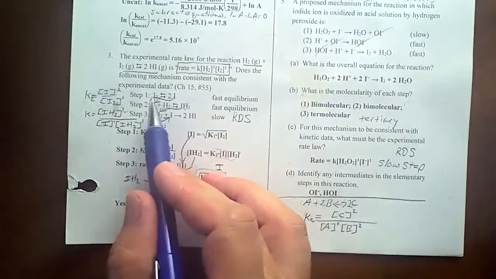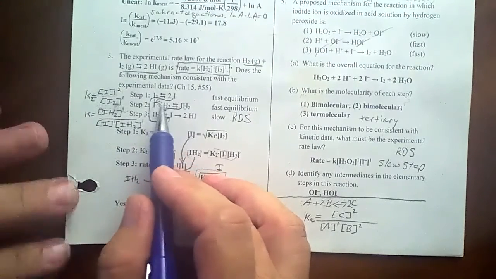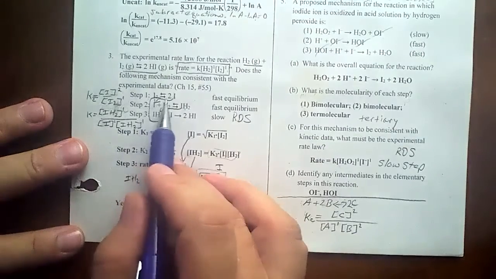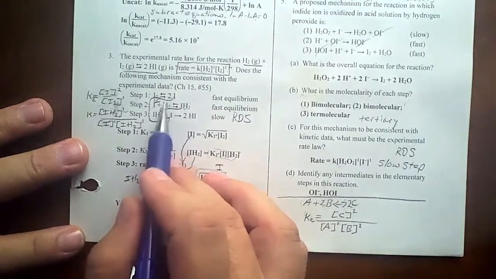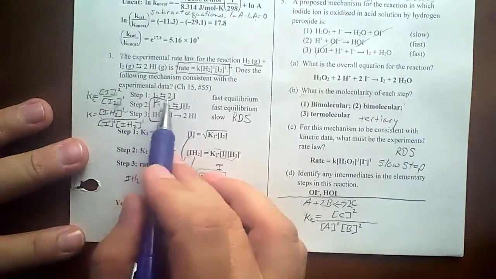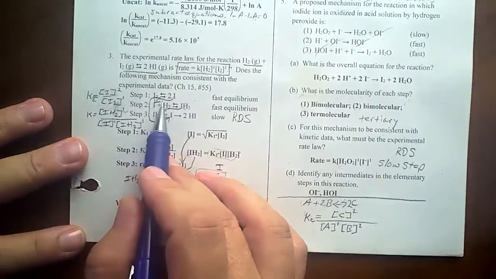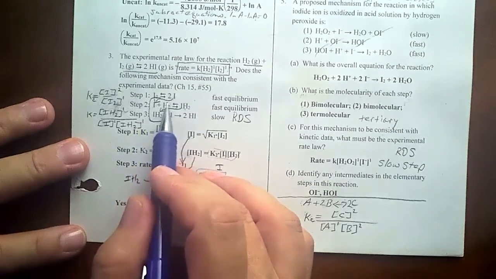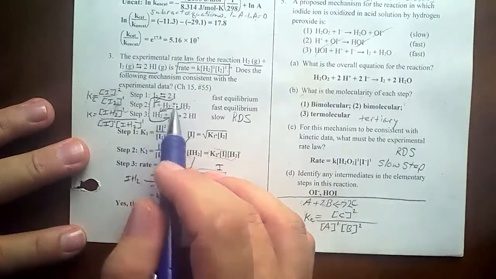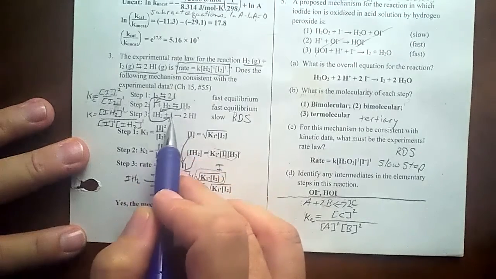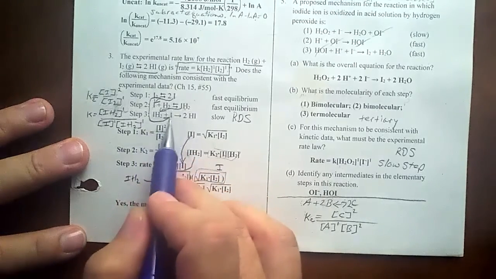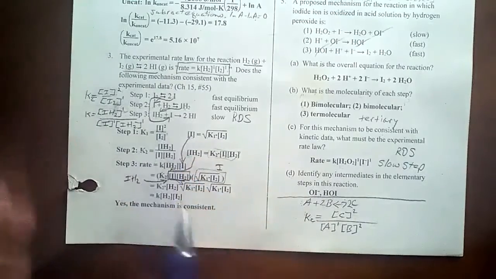Well, it goes left. And at some point, fairly quickly, you're going to get an equilibrium. And step 1 is going to set up an equilibrium. That's why we've got the double arrows. And this is going to run left just as hard as it runs right for any given split second until one of these is taken up by one there, but also one of these is taken up by step 3.